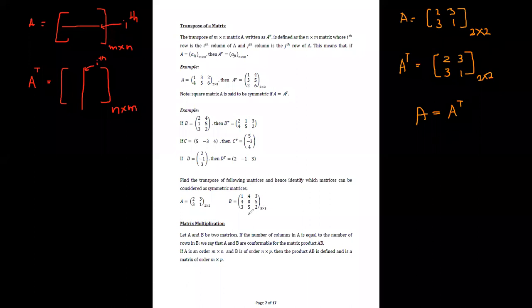For the next example, if you are considering the second example, 1 4 3, 4 0 5 and 3 5 2, if you take the transpose of this matrix B, if I directly write down the transpose of matrix B, the first row becomes the first column.